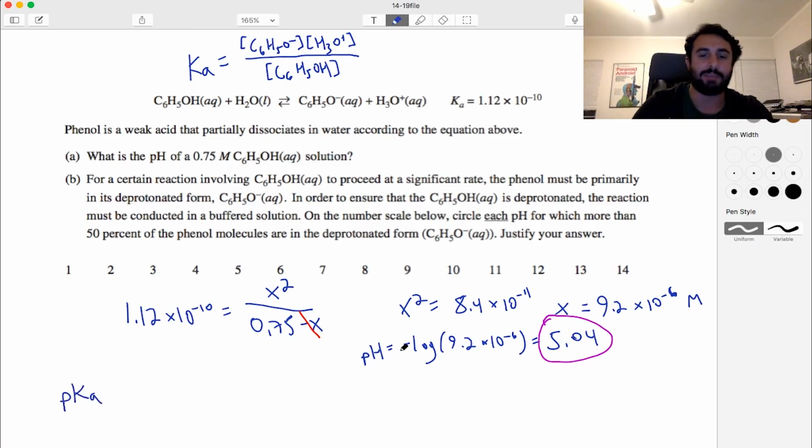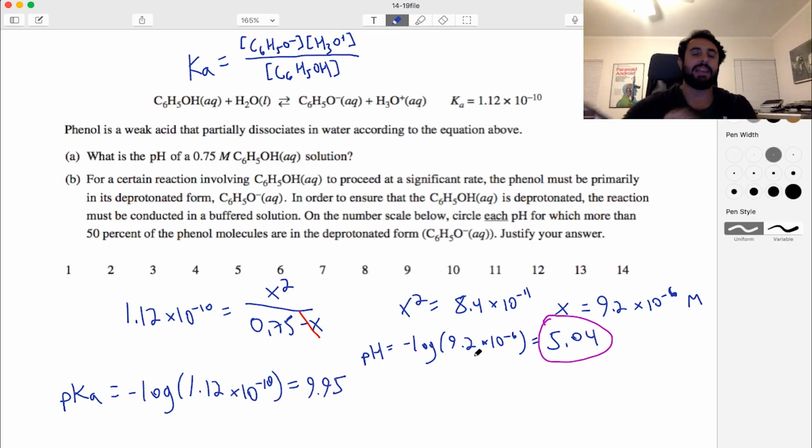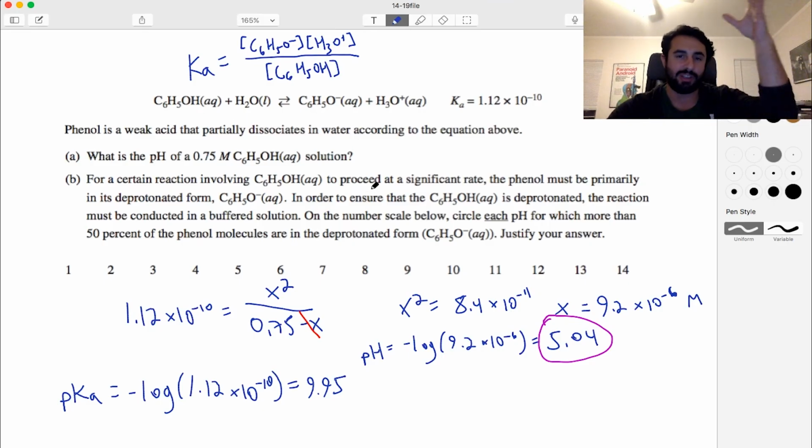The pKa, just like pH, we're just taking the negative log, but we're taking the negative log of the Ka. 1.12 times 10 to the negative 10. And that equals 9.95. So that means that at a pH above 9.95, we're going to have phenoxide, because above the pKa of this acid, the solution is basic enough.